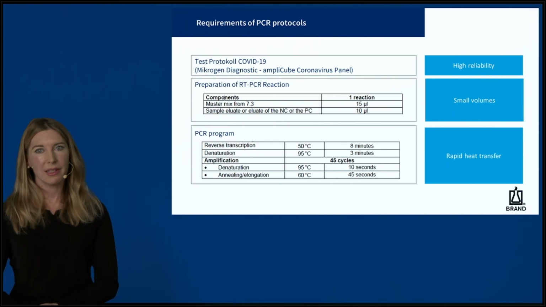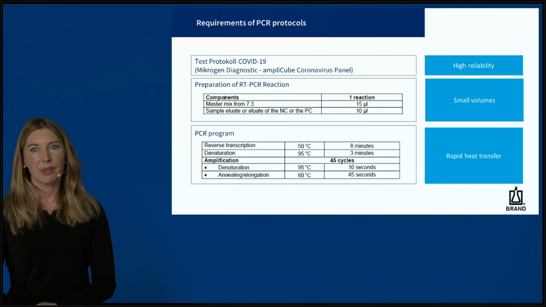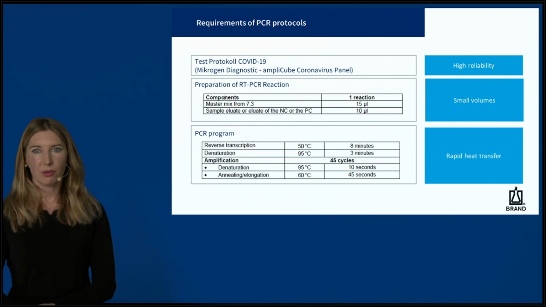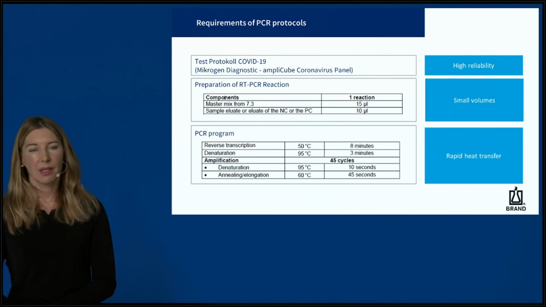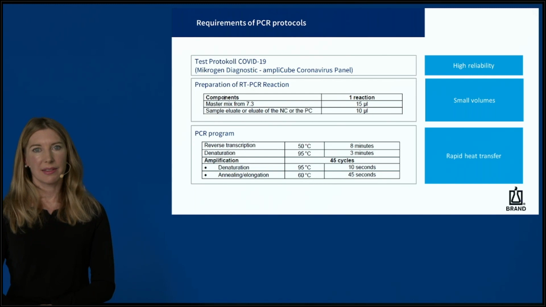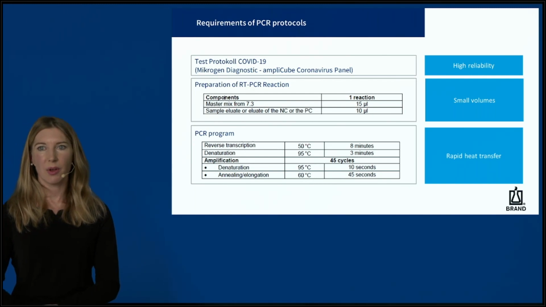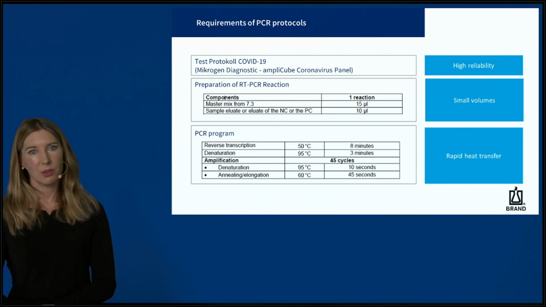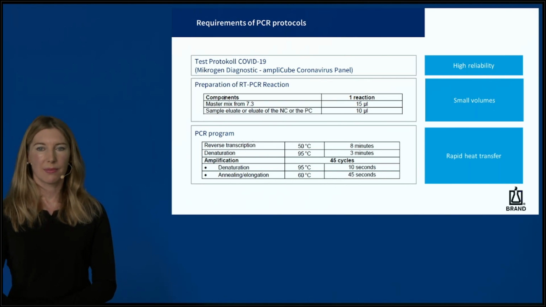As an example, here is an excerpt from the test kit of the company Microgen Diagnostic with a total sample volume of only 25 microliter. This kit works with a real-time multiplex reverse transcription PCR technique. Reliable PCR results are essential to monitor the spread of the virus as closely as possible, and false negative results must be excluded under all circumstances.